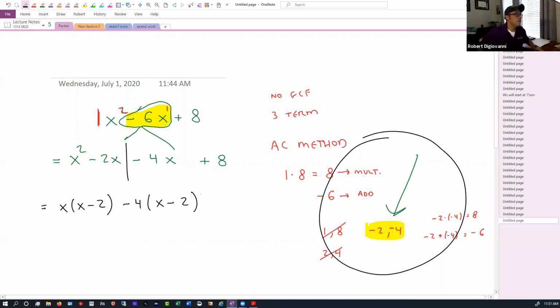So you've got to get pretty comfortable with this idea of GCF, because all the methods that we're going to be using here, whether it be grouping or AC method, are all going to require that you're doing these little GCFs as you go. So we pulled a negative 4 out so that when we multiply this through, we would get back the original here. And more importantly, the x minus 2's match, don't they?